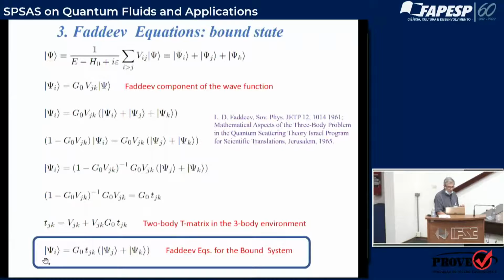Okay, so now I will continue our quest of the Faddeev equations, just reminding you of this structure that is quite intuitive. This is the Faddeev component of the wave function. This is the free resolvent here, and here the two-body T matrix of the pair JK and the two components.